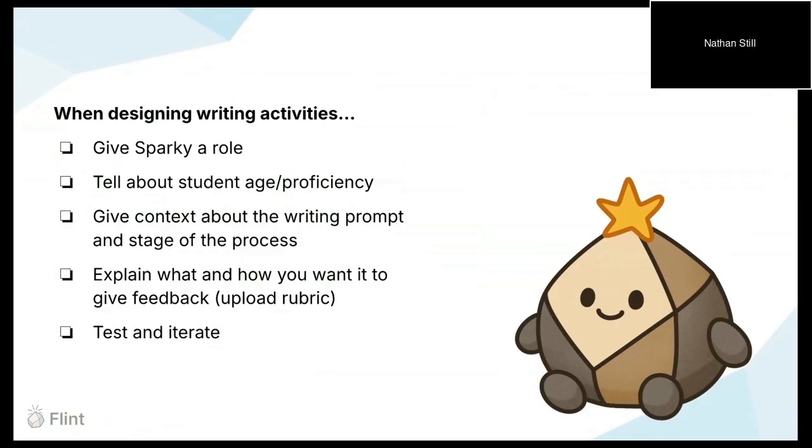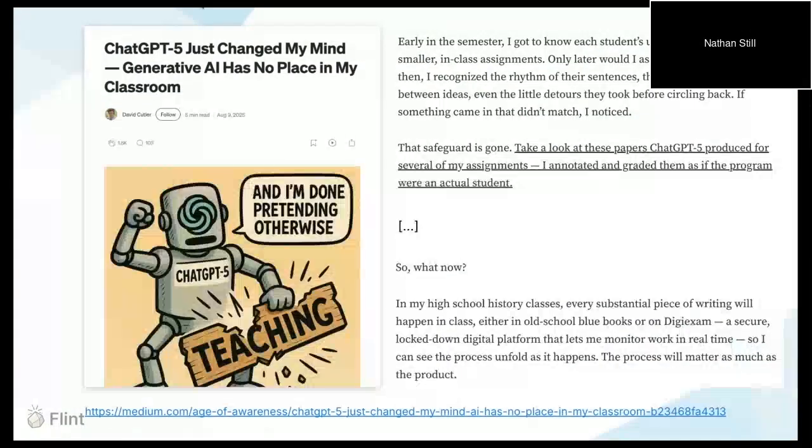Sorry, I didn't jump in fast enough, but I was just skimming through that article that you shared, and I'm curious. I like this one spot where it says what it offers in efficiency, it erodes in depth. I feel like there's so much conversation on both sides of that, and the writer really assumes that the depth of writing is going to be somehow bypassed by the use of AI.